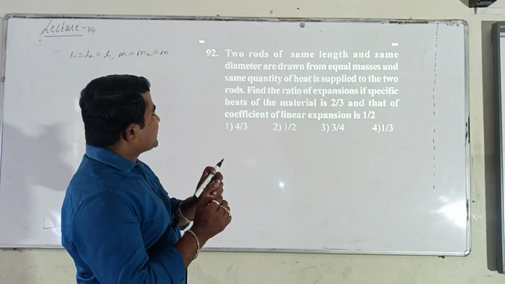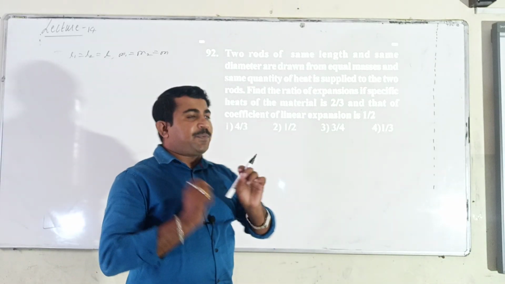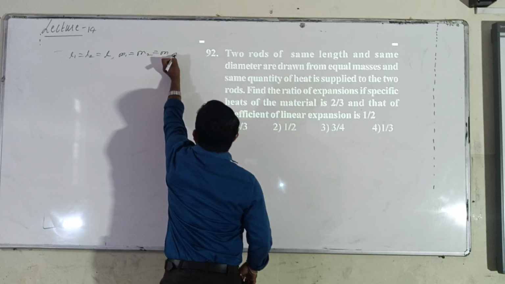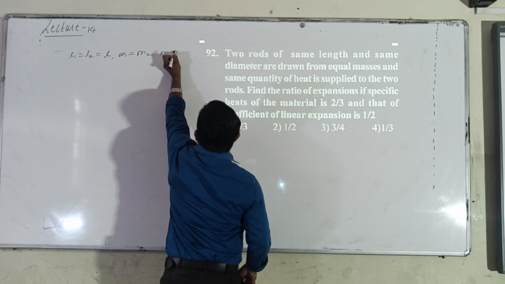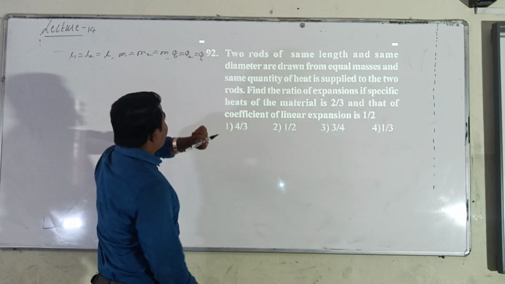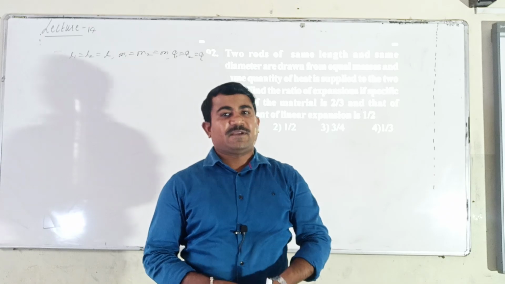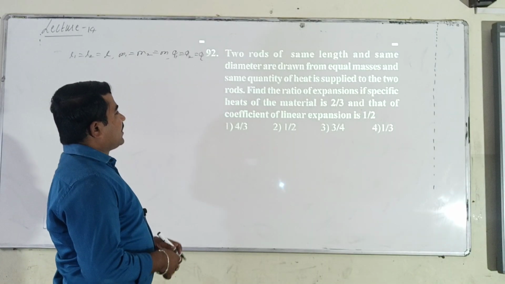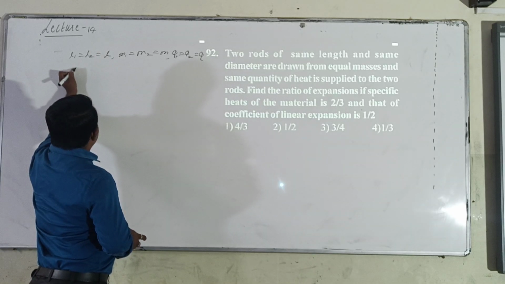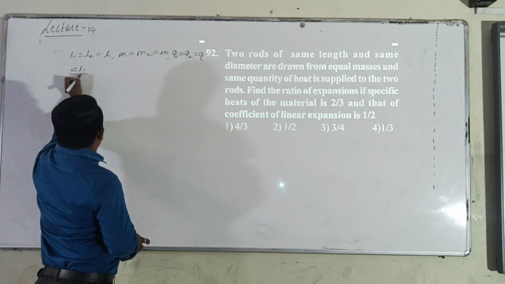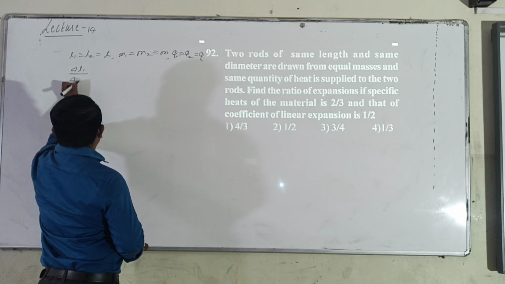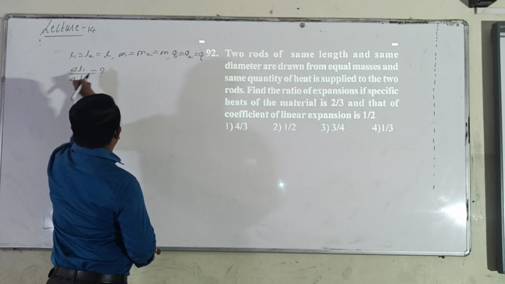Same quantity of heat is supplied means Q1 equal to Q2 equal to Q. Find the ratio of expansion, meaning I need del L1 divided by del L2.